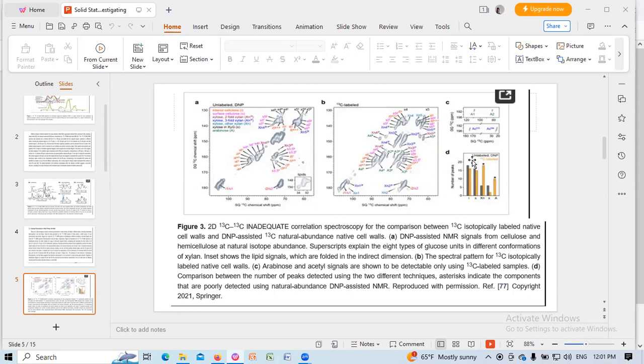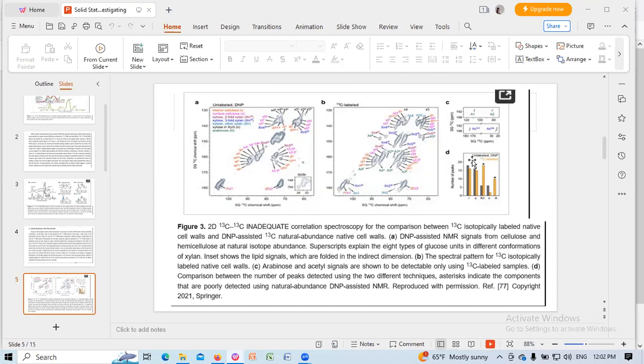The 2D C13 INADEQUATE correlation spectroscopy is always difficult because of the low natural abundance of C13, only 1.1%, so finding C13 nuclei adjacent to each other in the same molecule is very rare.